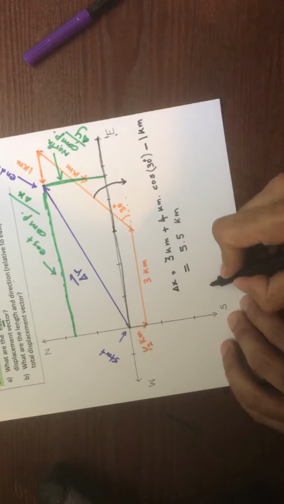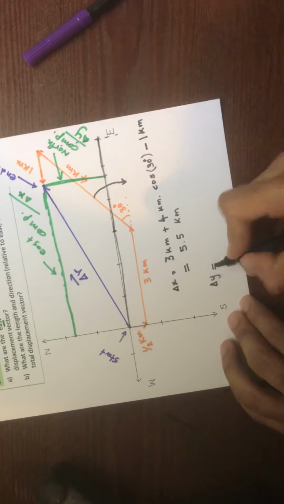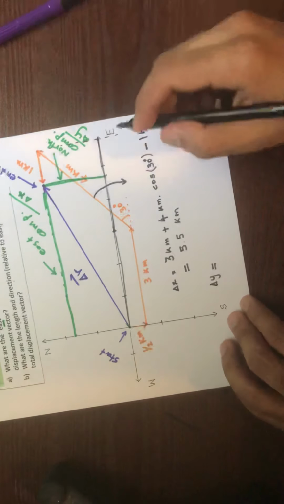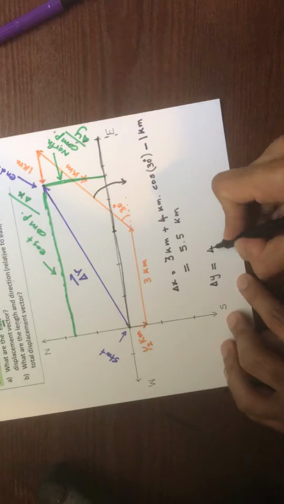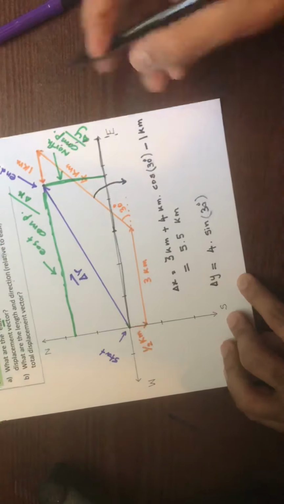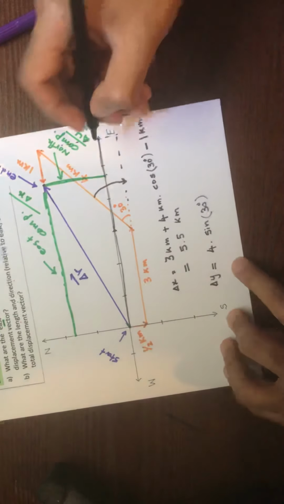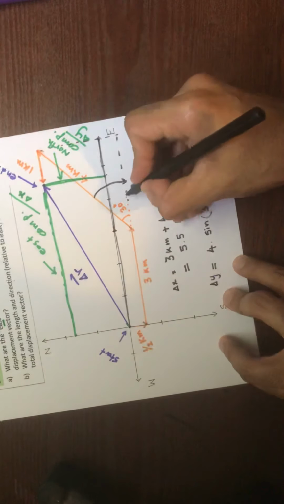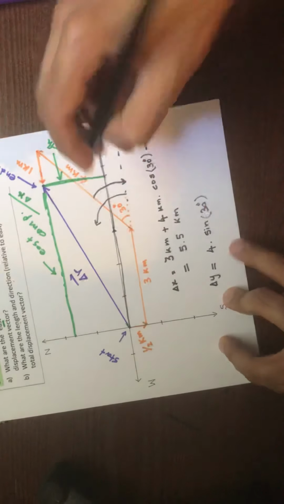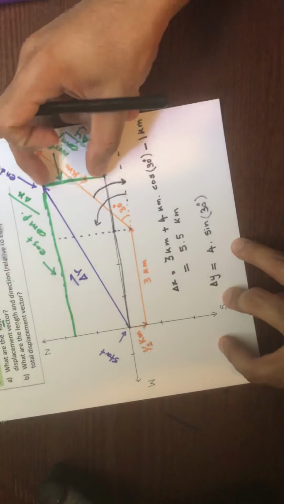Next, delta y, which is the north component. If I get 4 times sine 30 degrees, this is the vector. Away from the angle, so the y component, I am thinking about this whole part, but I need this much.